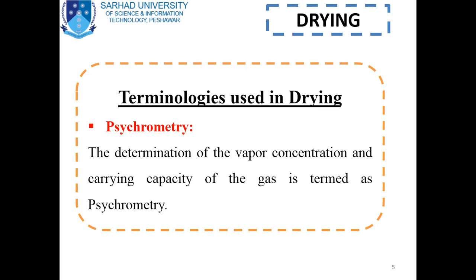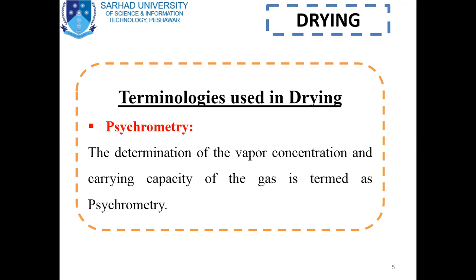Dear students, first of all, we will try to understand the various terminologies used in the drawing process. One of the prominent terminologies used is hygrometry, that is the determination of the vapor concentration and carrying capacity of the gas.